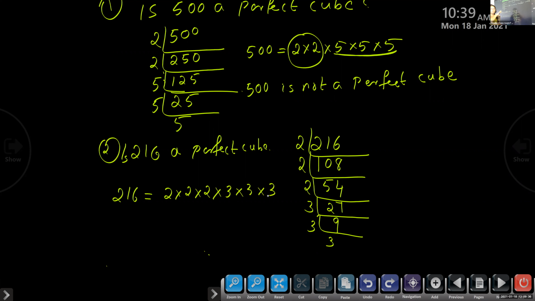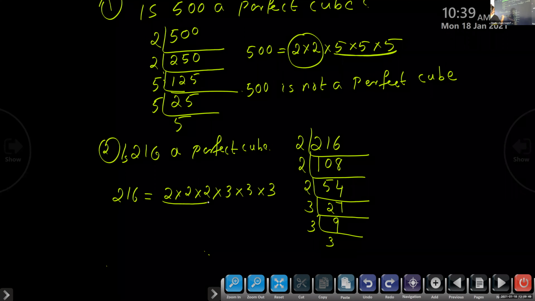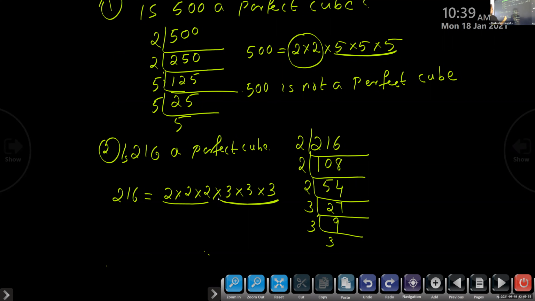After writing all the prime factors, you have to group those factors into groups of 3. Here, 2 is a group of 3. The factor 3 also, we can group into a group of 3.